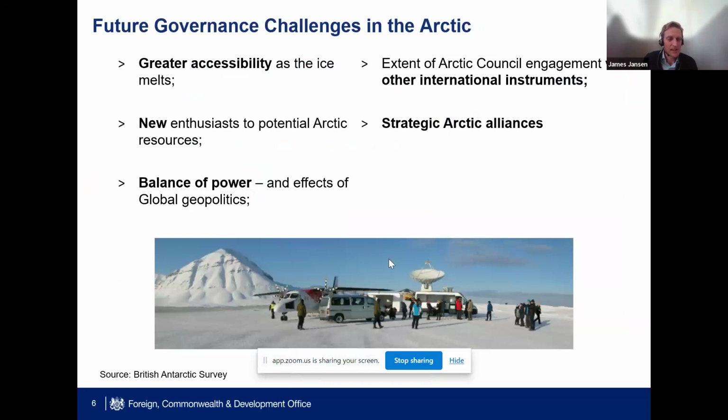But the sands, as ever, or indeed the snows, are shifting in the Arctic as elsewhere, and I've touched on some of the challenges already. And we've just heard from some fantastic speakers about the environmental changes, the climatic changes that are taking place in the polar regions. And in the Arctic, of course, with the significant melting of the ice sheet, but also of the sea ice, also with the wildfires taking place, there are a number of challenges that we need to be thinking about managing.